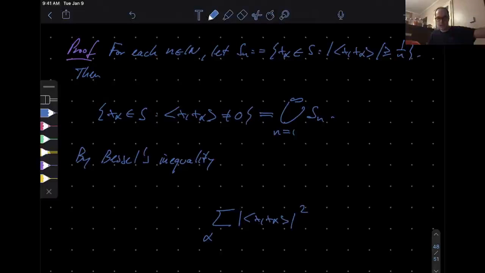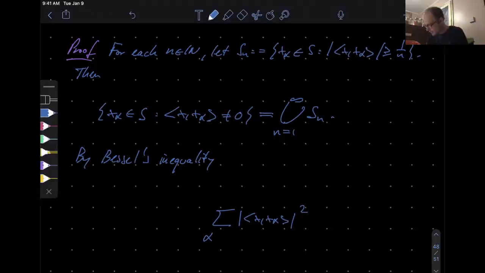It was bounded by the norm of x squared. But now here, because alpha, that thing that ranges over the index set, might be uncountable, how can you apply Bessel's inequality? Because Bessel's inequality only works for finite sums.